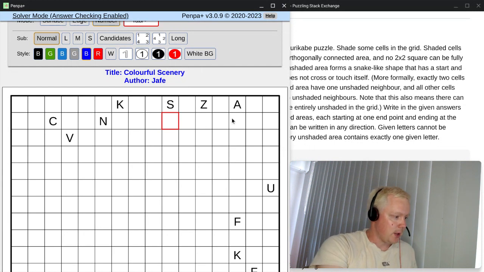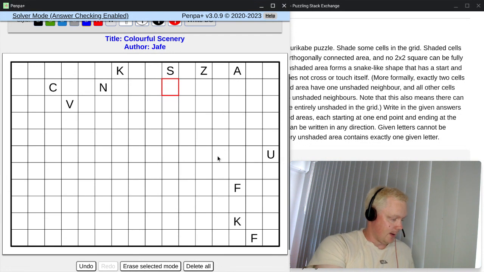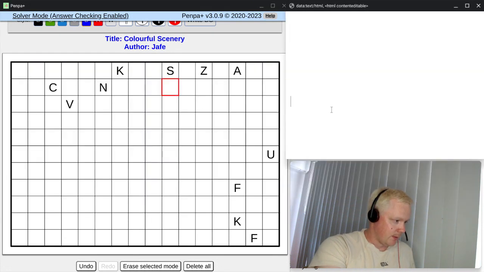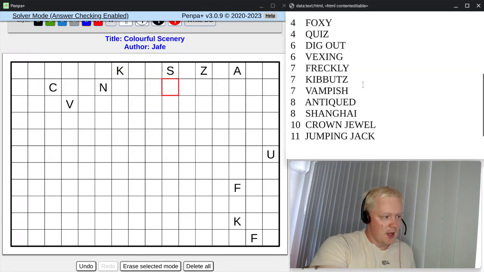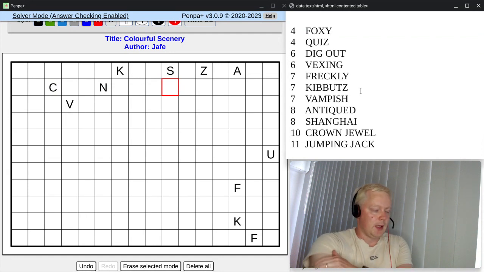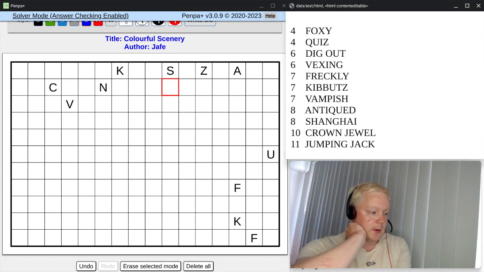So the first thing we're going to do is look at the word list here. And where do I have it? Here it is. Now I have the word list in a different format than in the puzzle. And this is maybe the first thing to do when you start with this. We need to know the length of the word that we are inserting.